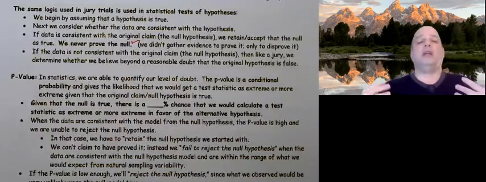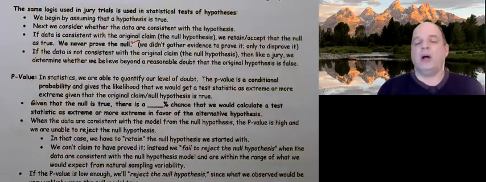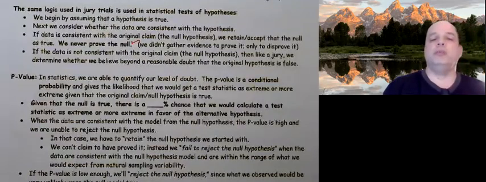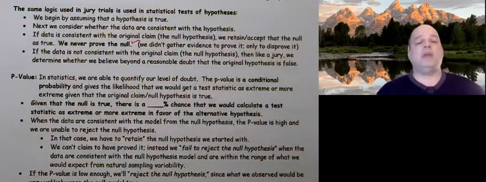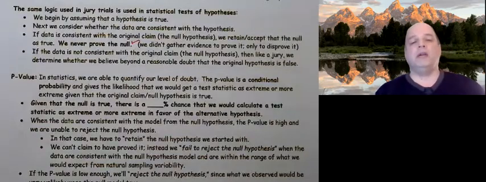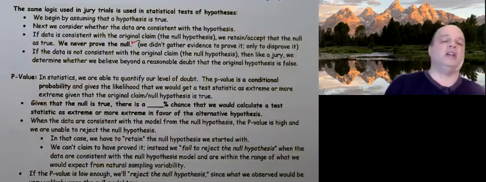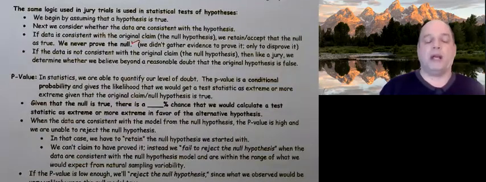Once you actually calculated the probability, you said, well, there's a 25% chance that he would only score 22 points if his claim of 25 points or more is accurate. And then you have to make a decision. Am I going to believe him and say, you know what, I can't disprove his 25-point claim, or am I going to say, you know what, he's lying, he doesn't score 25 points or more a game?